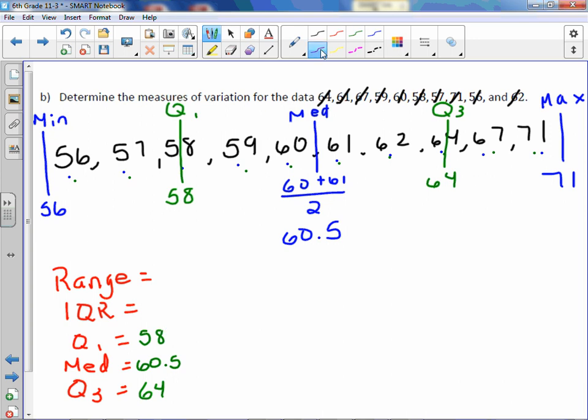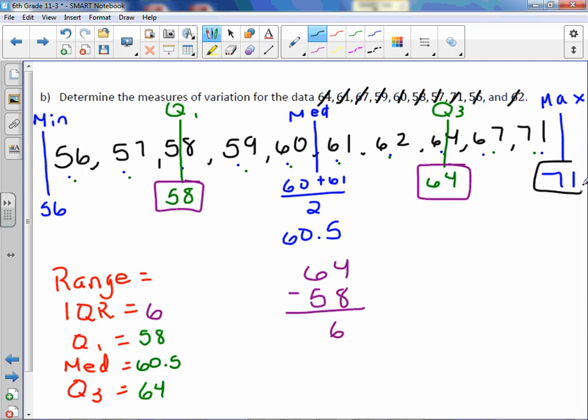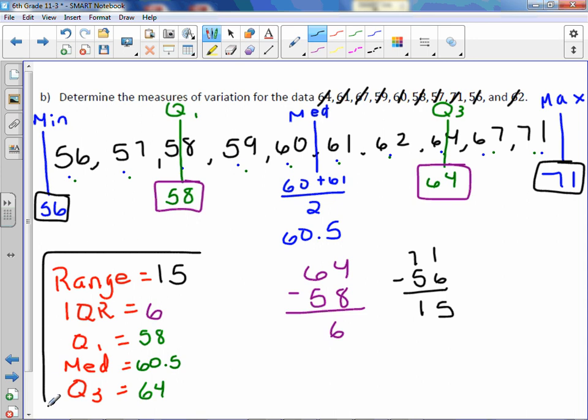To find the interquartile range, we are going to subtract our two quartiles, 64 minus 58. When we subtract those, we get 6 as our interquartile range. And to get our regular range, we subtract our maximum minus our minimum, 71 minus 56, which is 15. And those are our measures of variation.